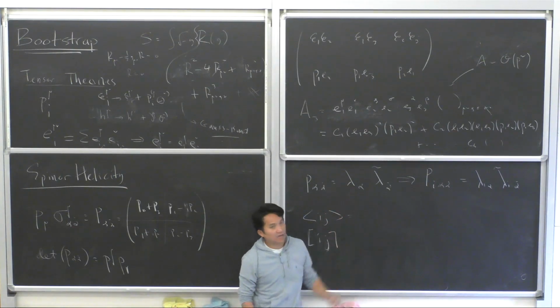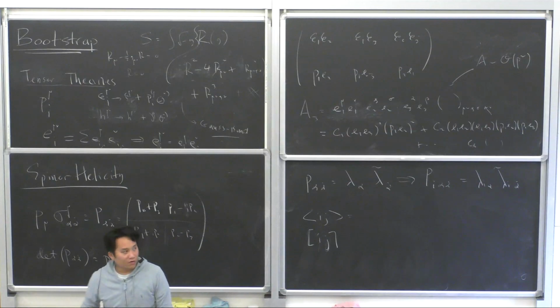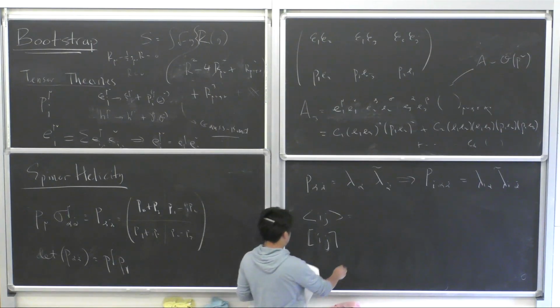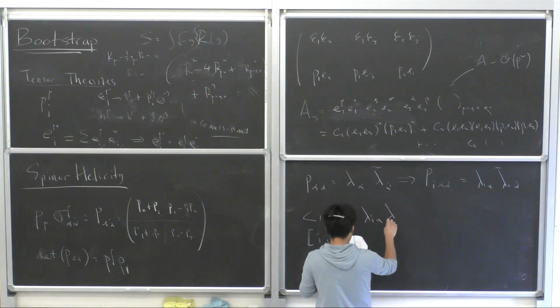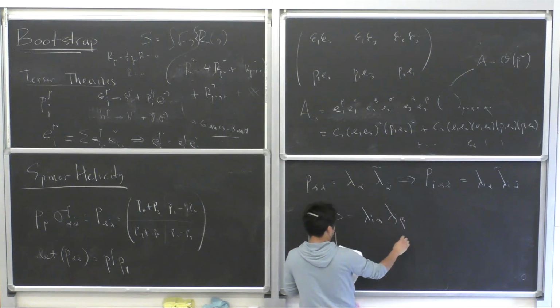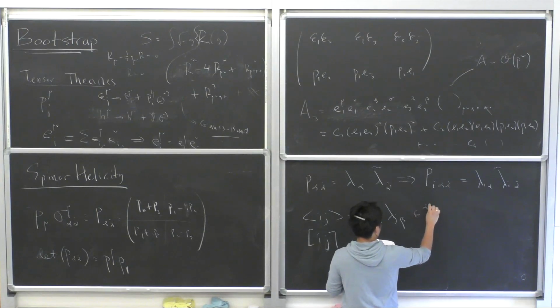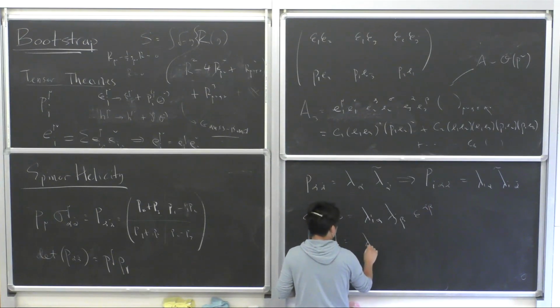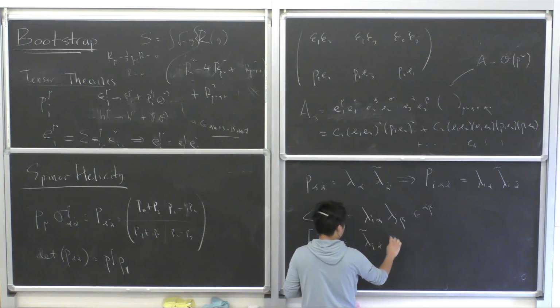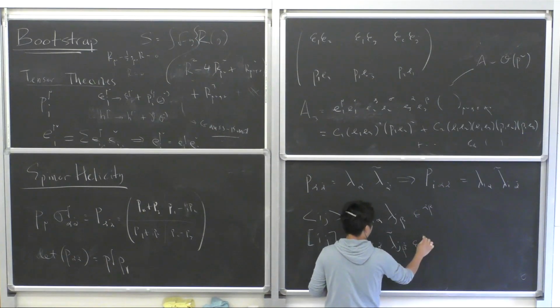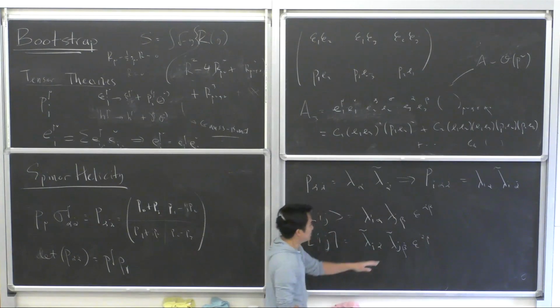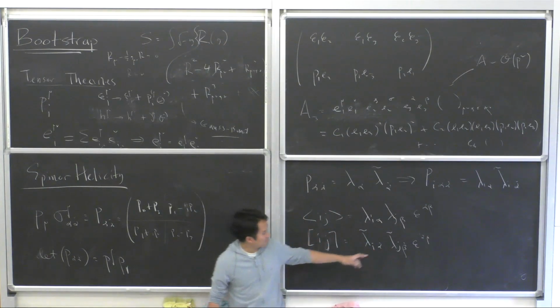Alpha and alpha dot are spinor indices of the Lorentz group, so their natural inner products are angle ij, lambda i alpha lambda j beta epsilon alpha beta, and square ij, lambda i alpha dot tilde lambda j beta dot tilde epsilon alpha dot beta dot. It's just the antisymmetric products of these things, contracted with an epsilon tensor.